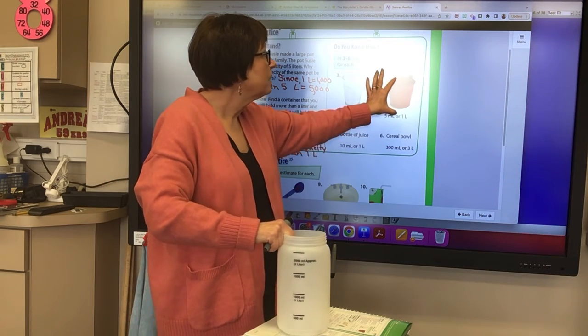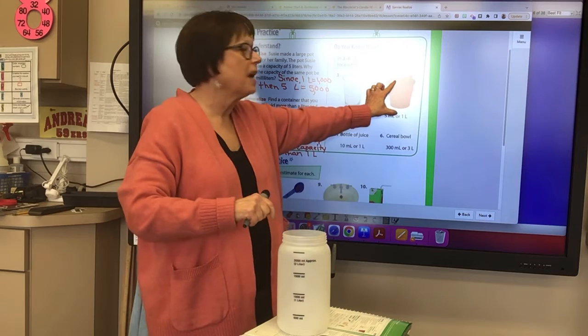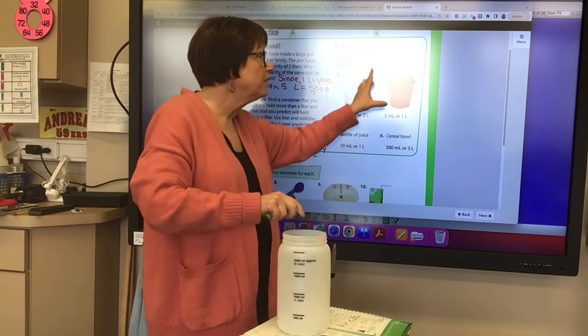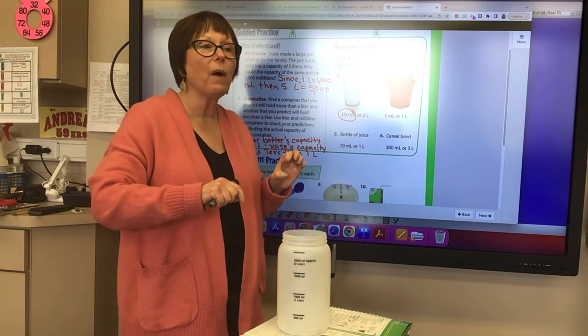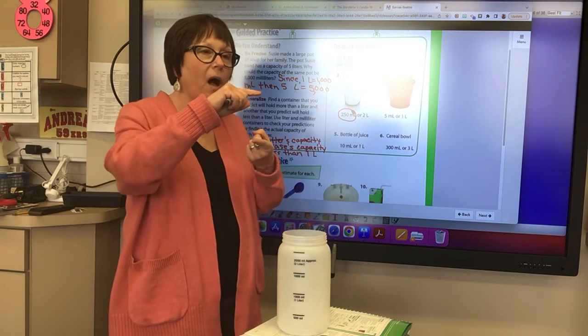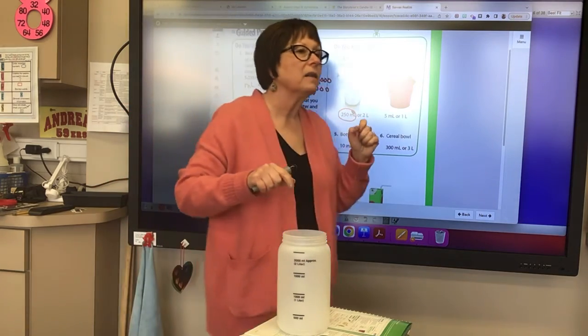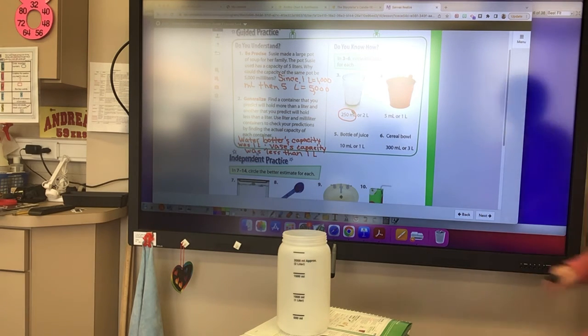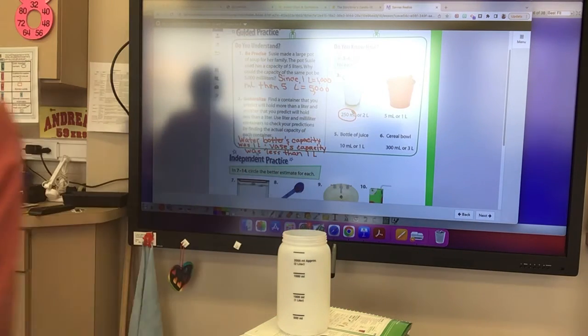For this, some of your teachers may have had these little buckets. I've had these little buckets. What is the better estimate for that little bucket? Is it 5 milliliters, those are small, or is it 1 liter? What do we think is the better estimate for that?